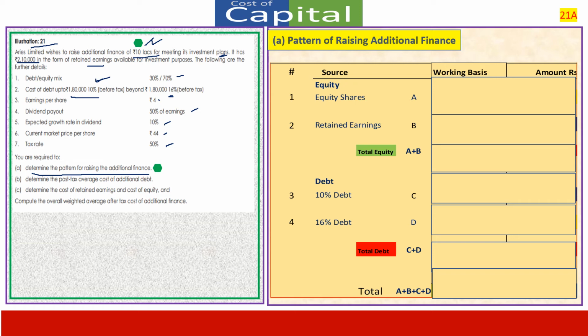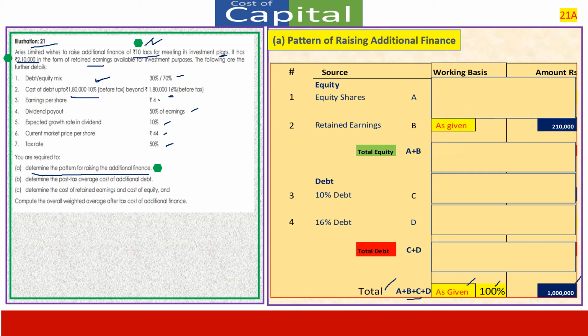Additional finance of rupees 10 lakhs for meeting. That is the total. This is the total amount we are supposed to raise. As given, it's 100%, 10 lakhs. Okay. Then 2,10,000 is in the form of retained earnings. Oh, very good. We are given 2,10,000 as retained earning.